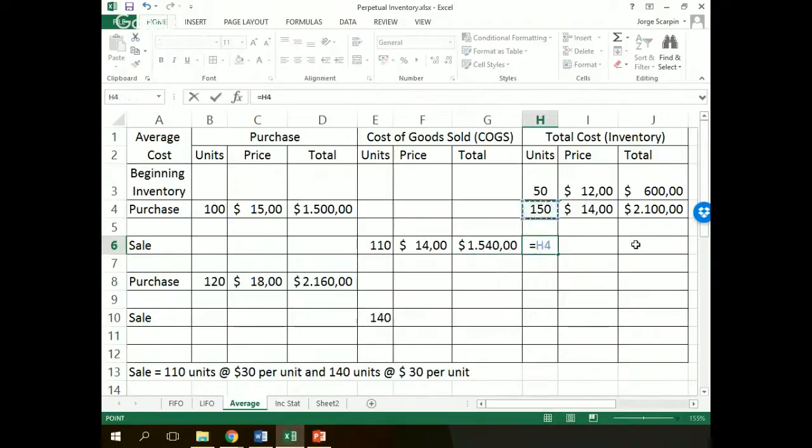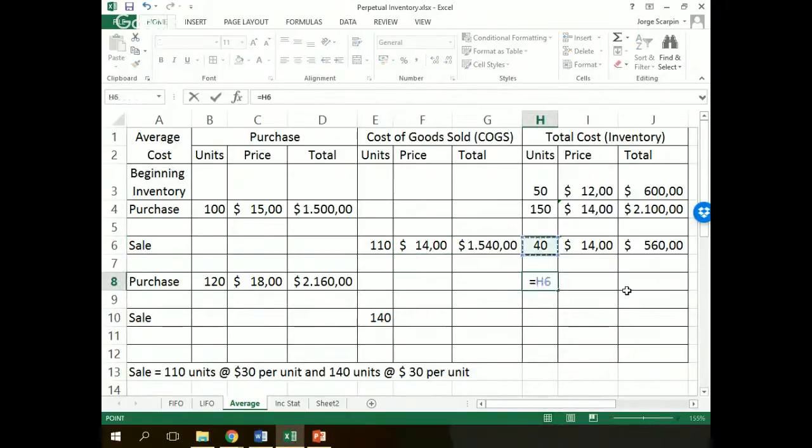Beginning inventory minus units sold, 40. Beginning inventory minus amount of dollars sold, 560. Average price, money divided by units, the same, 14, because our takeout was with the same price as well.